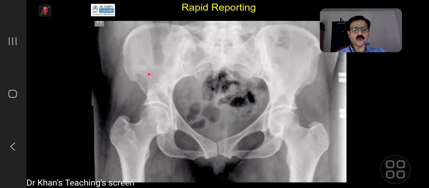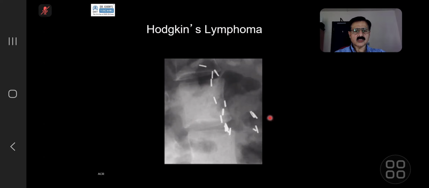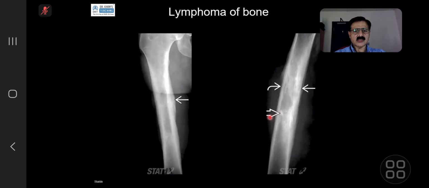By the way, this was lymphoma. What I want to tell you about lymphomas on plain films is that lymphomas can also be sclerotic. Just remember that. There was previous surgery which has gone into the bone also. And this was sclerosis. That was the point.